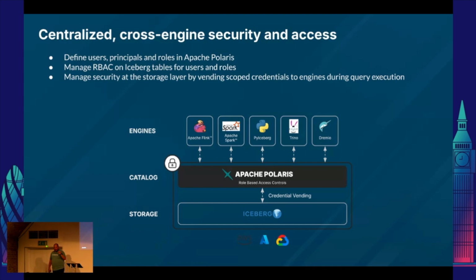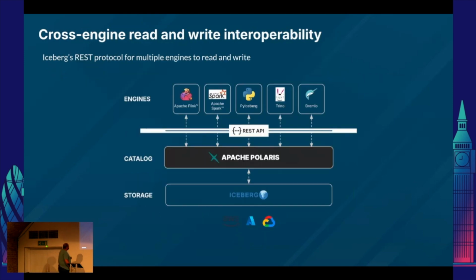So you can define something specific for one engine, like Flink is able to access this table, but Spark is not able, for instance. Or you can also define by users on the engine to the data. So the same user on Flink or Spark may or may not have access to this table or views. That's something you can define in Polaris.